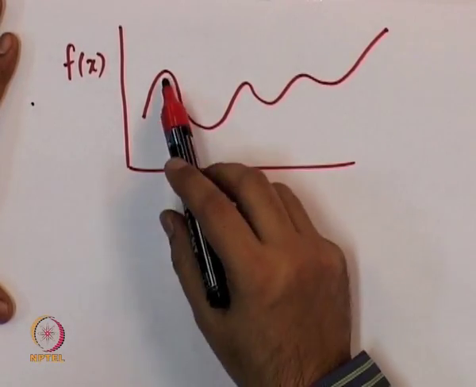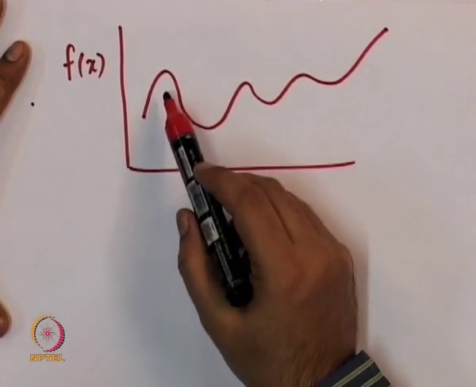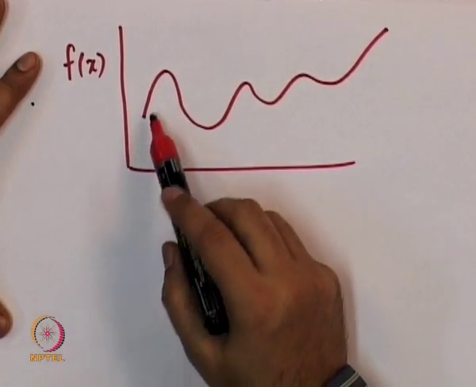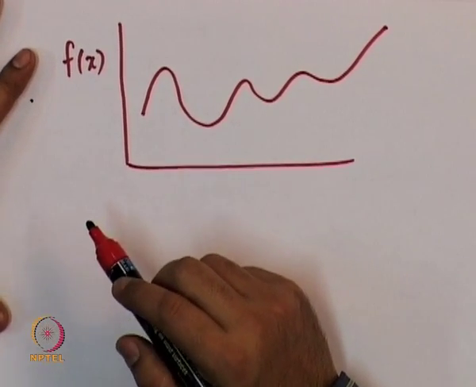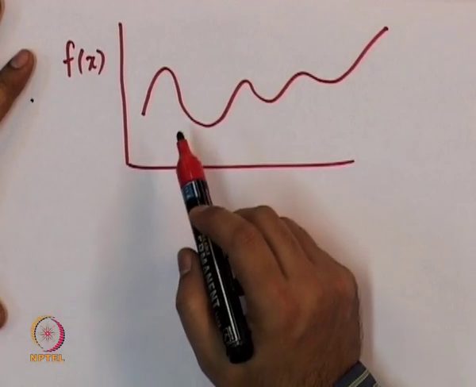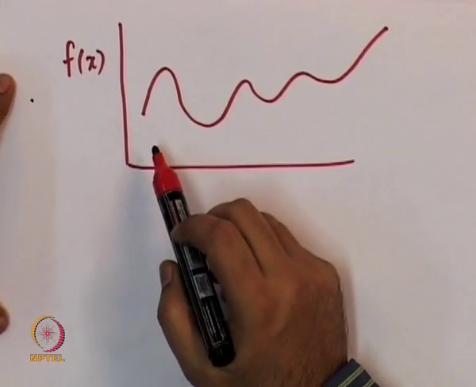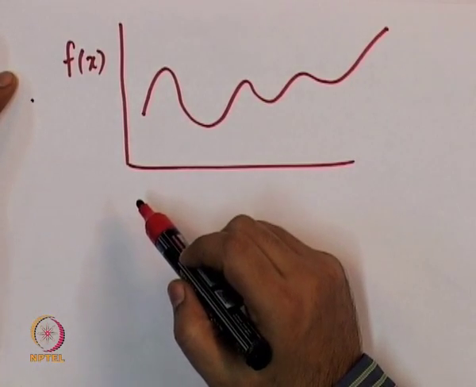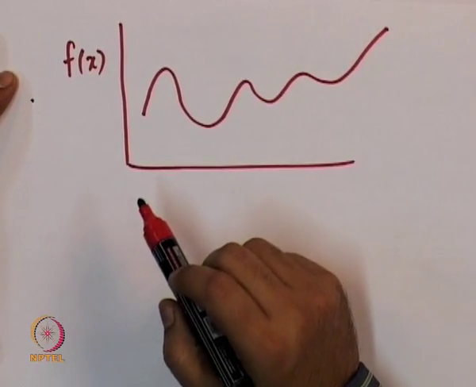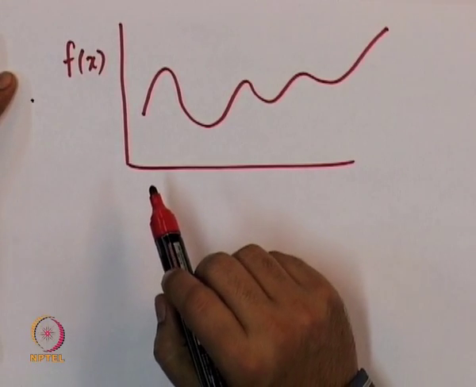So, if you have a function like this and if we wanted to know where the maxima and minima of this function are, then the conditions for such maxima and minima, there are necessary conditions, there are sufficiency conditions, and they can be obtained by looking at the Taylor series expansion.